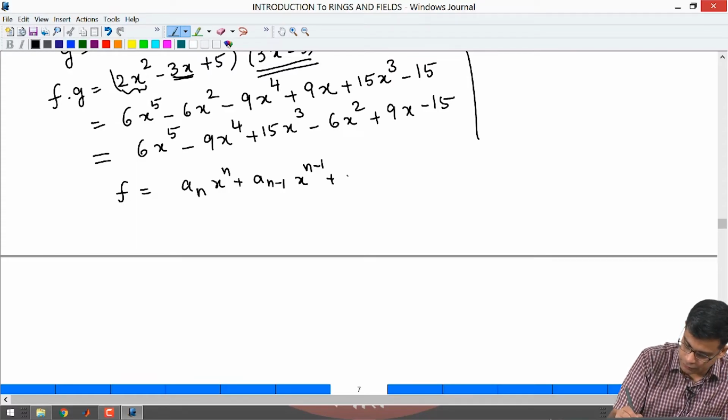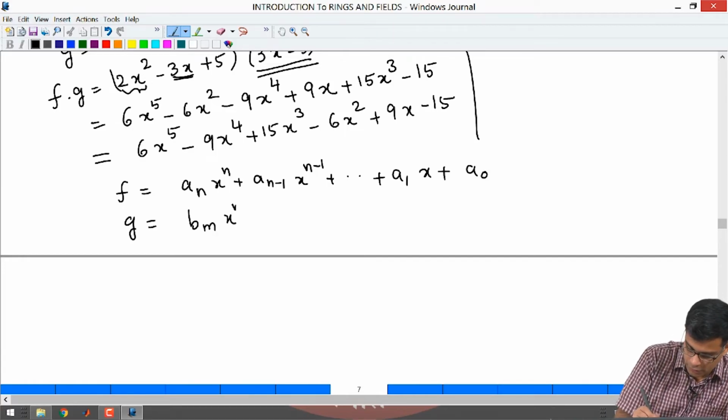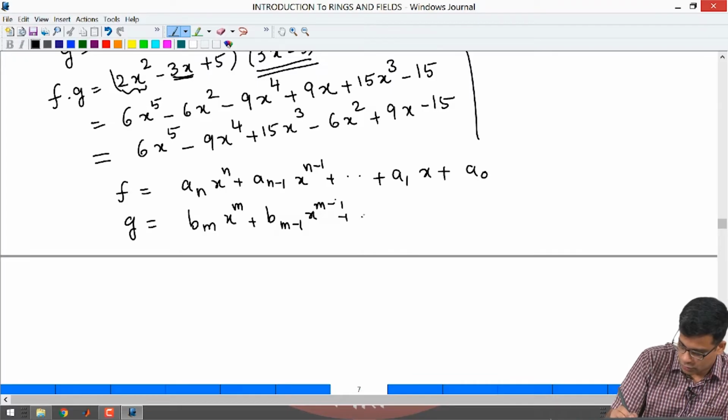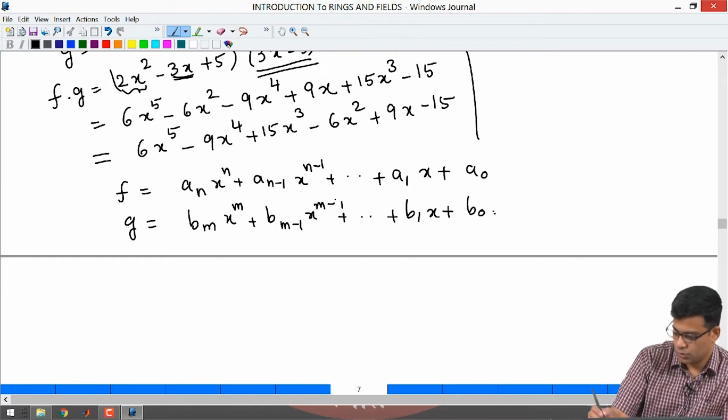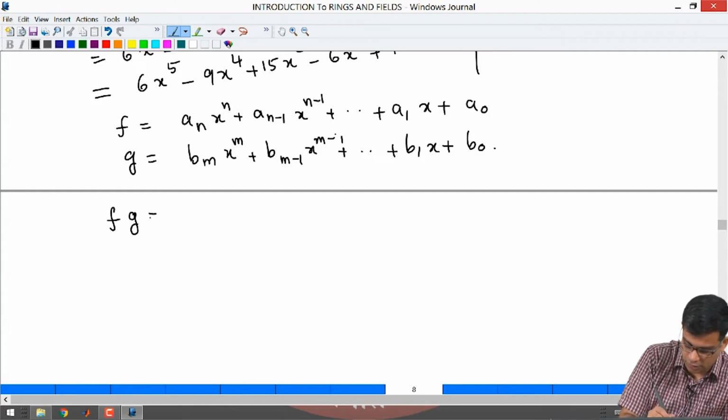So, for that let us write f as a_n x^n plus a_{n-1} x^{n-1} all the way up to a_1 x plus a_0, and g is b_m x^m plus b_{m-1} x^{m-1} all the way up to b_1 x plus b_0. So, let us say f times g, I want to describe f times g. What is this?